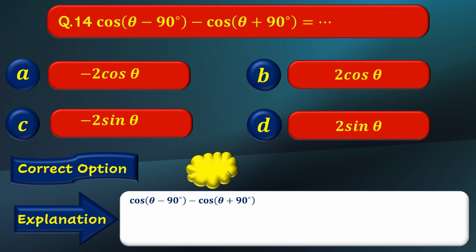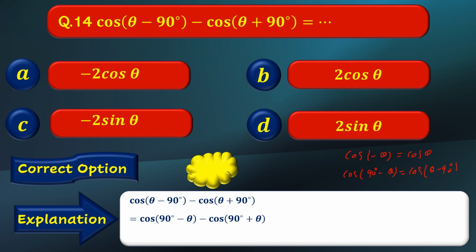As we know that cos of minus theta is equal to cos of theta. Therefore, cos of theta minus 90 degree can be written as cos of 90 degrees minus theta. So the expression can be written as cos of 90 degree minus theta minus cos of 90 degree plus theta.